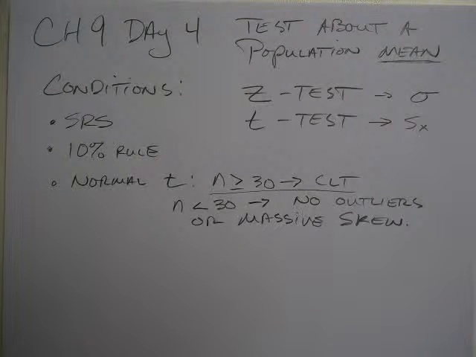But if you look at it and it's got 2 peaks or it's kind of a weird shape, but you don't have a really large skew or an outlier, go forward. So this does not require absolute normality. It just can't be too scattered.